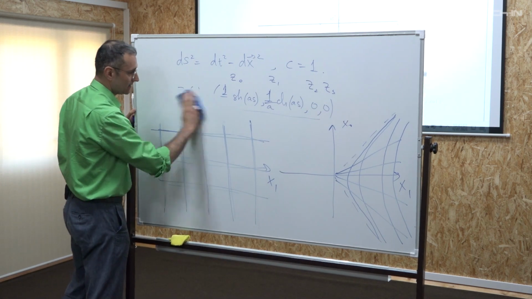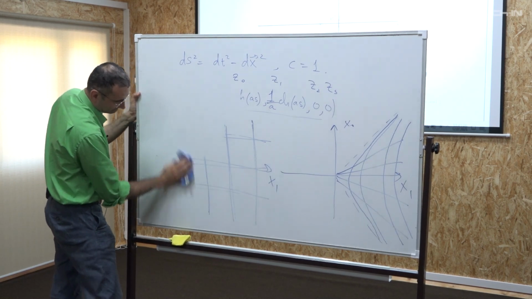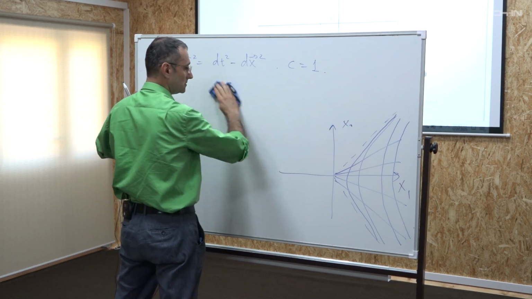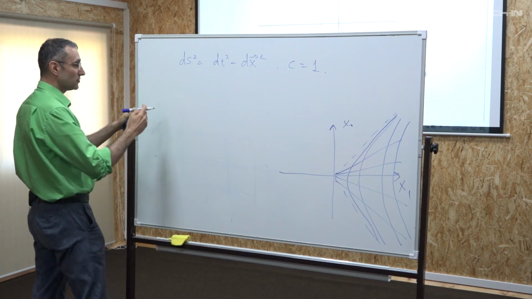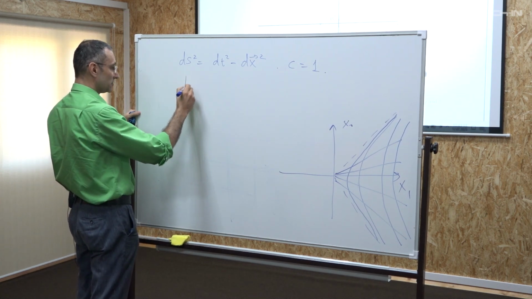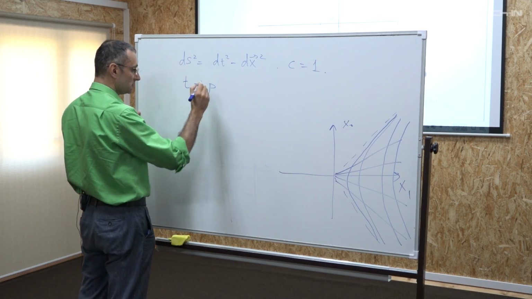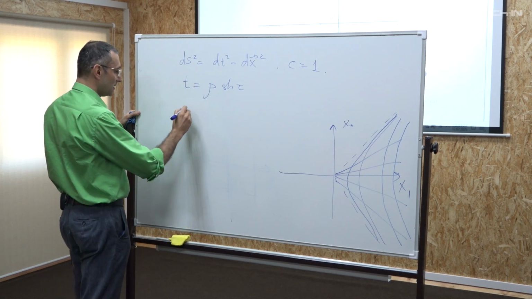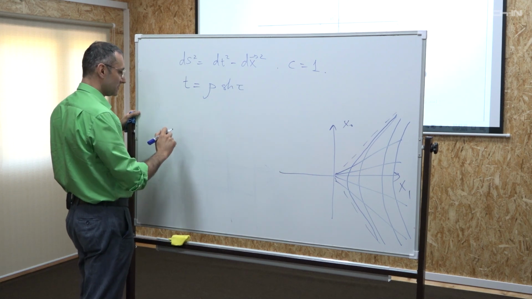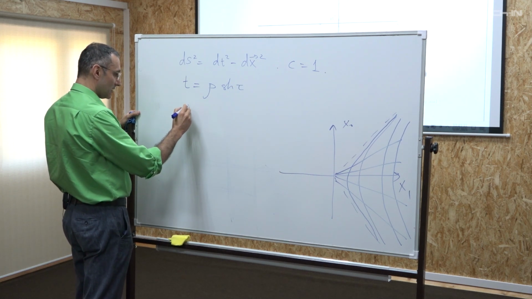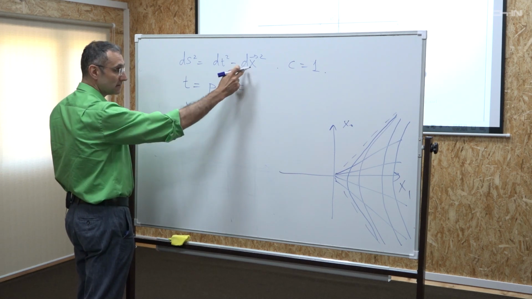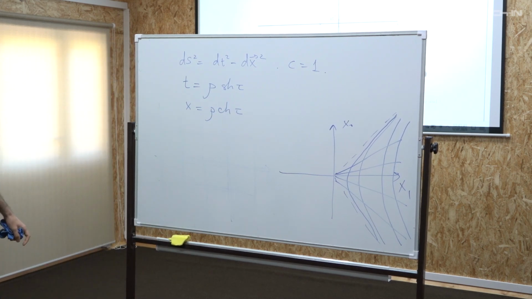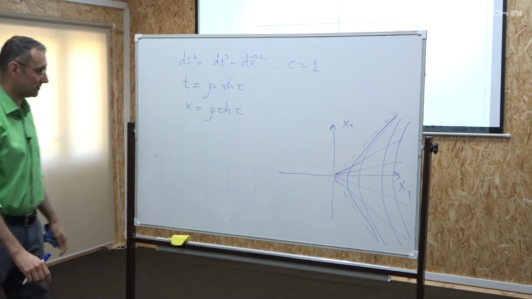So, what is the coordinate change I'm going to perform? I want to transfer to the following coordinates. I represent t as rho times sinh of tau. This is dimensionless time. It's not a proper time. It doesn't coincide with the proper time. And x1 is rho cosh tau. This coordinate change is inspired by the form of the world line.